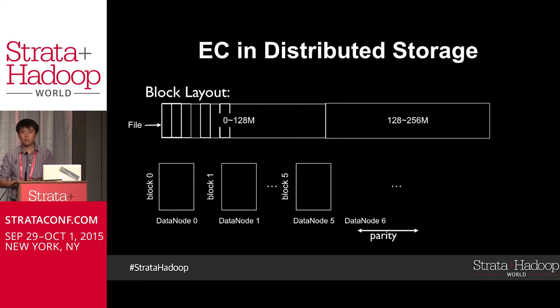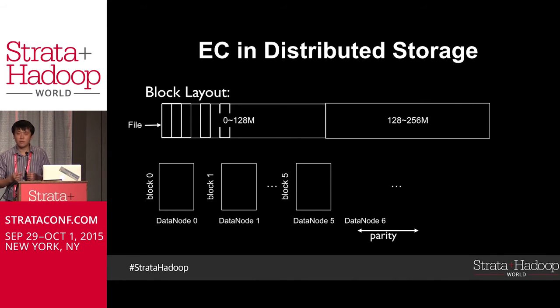And then 6 blocks, not 9? Not 9, because we generate the last 3. Your file doesn't have to have the 3. The 3 is just parity. That's stored as well? Yes, you do need to use 9 units of storage space.